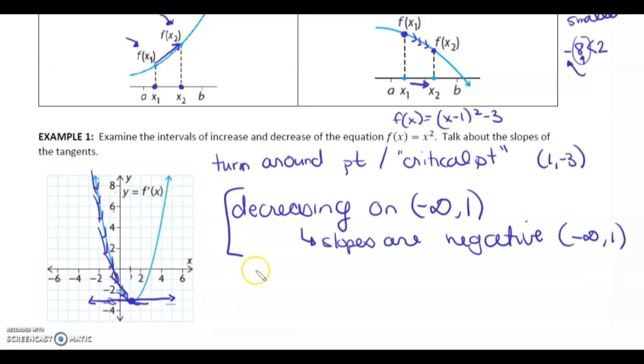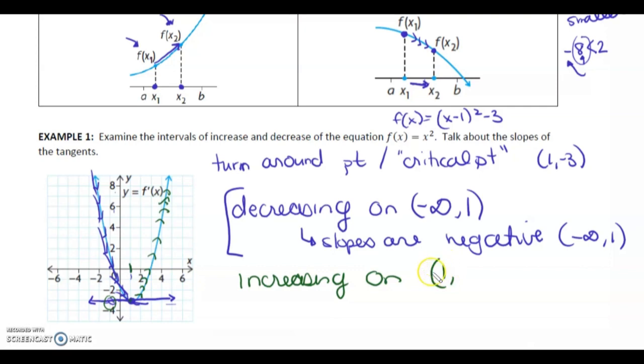Now, let's talk about increasing. Okay, so after we hit this critical point, we continue to read to the right, and these numbers are now increasing. We go from this -3 all the way up to infinity. So we look at the y values, but we quote our answer in x values. So our x value here, where we have the turnaround point, is 1.